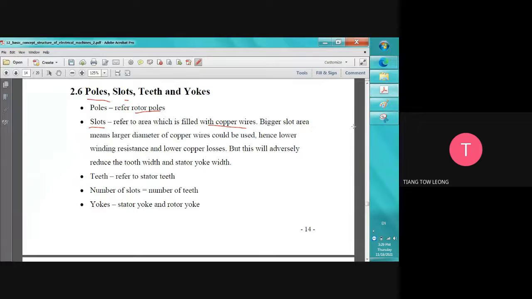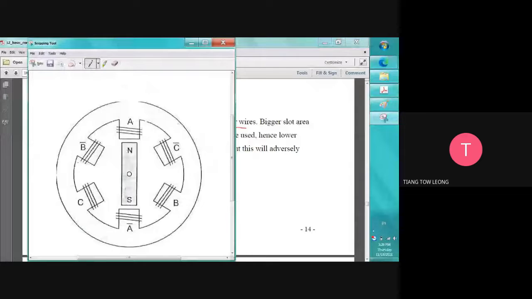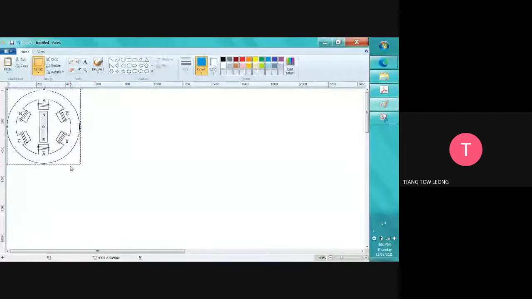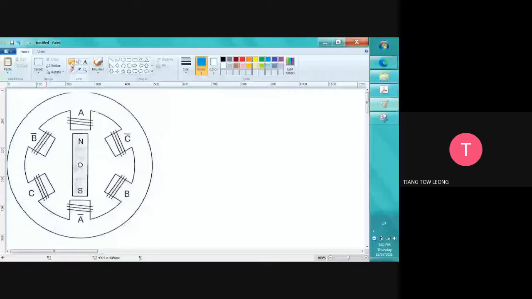And then a bigger slot has a lower winding resistance. But this will adversely reduce the tooth width and the stator yoke, which means if let's say we increase this area, we increase this area become like this, so that this area all are copper, winding slot.